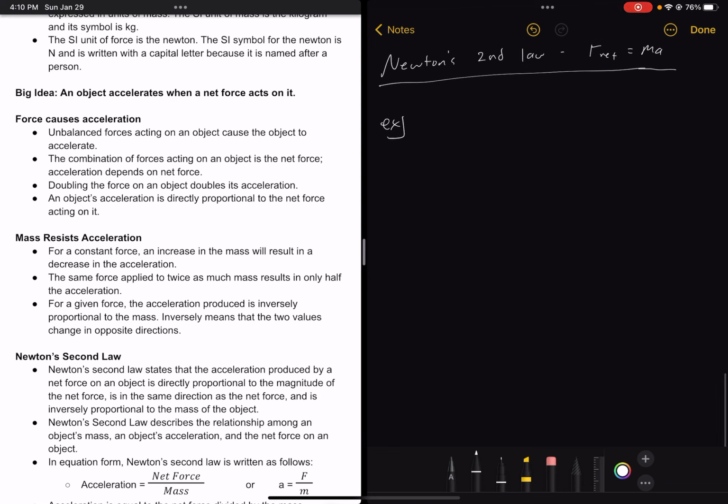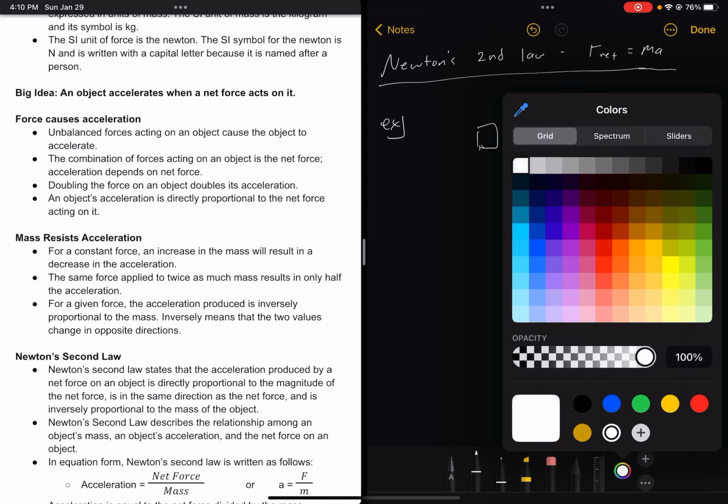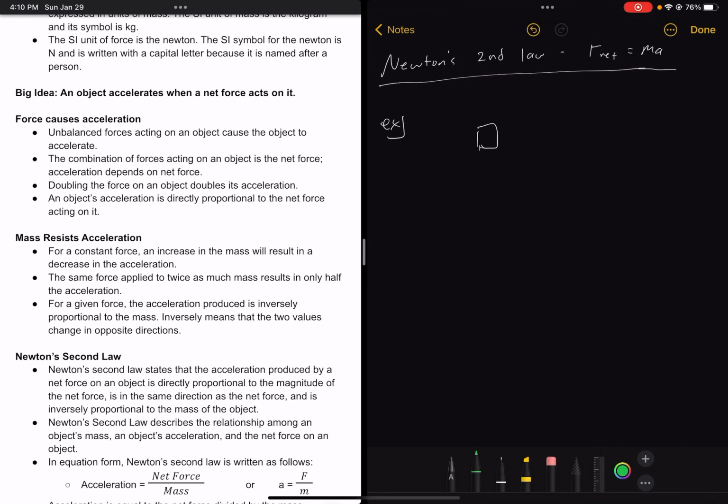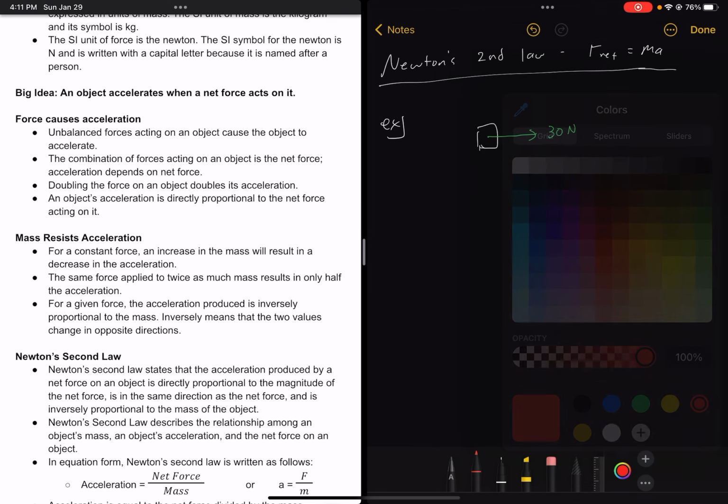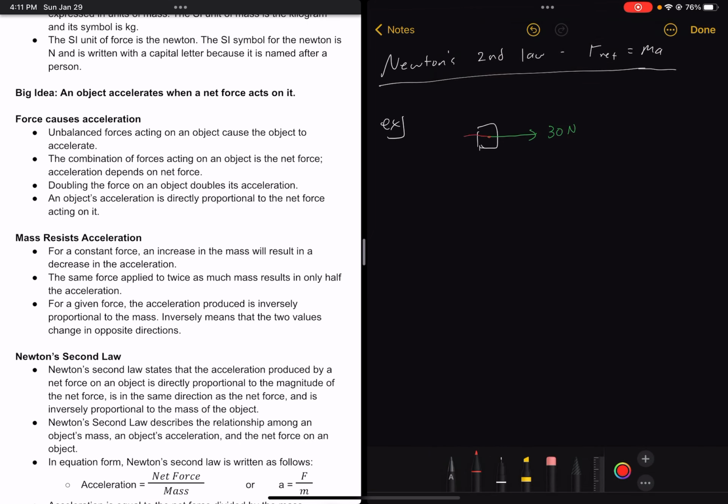Let's say we have a box and we have some forces on it. Say we have a box here and a bunch of forces acting on the box. I'll use green and red. Say I got 30 newtons pushing the box forward, but then I have 10 newtons pushing back on the box, going the other way.